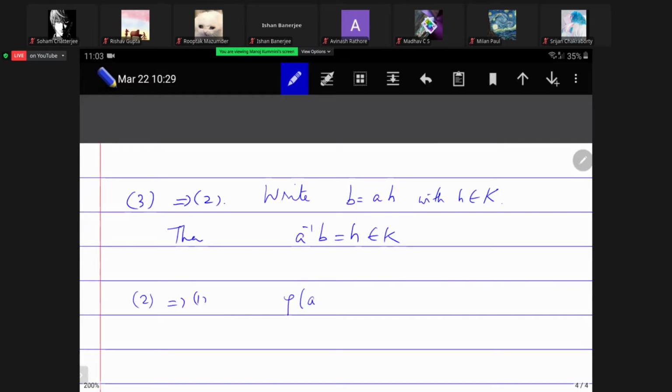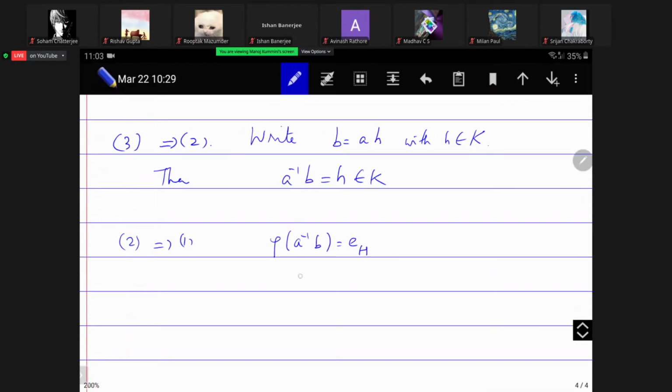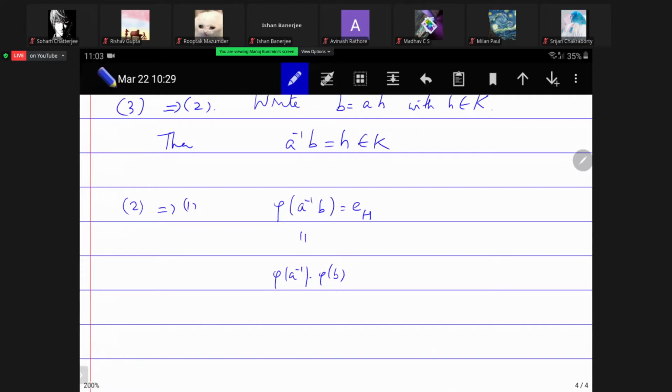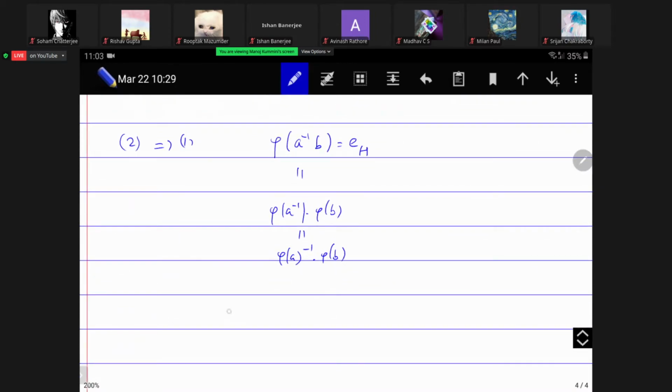Phi of A inverse B is identity of H. But what is this? This is phi of A inverse times phi of B. We are just reversing the argument of the proof of one implies two. So here are two elements of H whose product phi of A inverse times phi of B is identity. And this implies that phi of A equals phi of B. And this is finished.